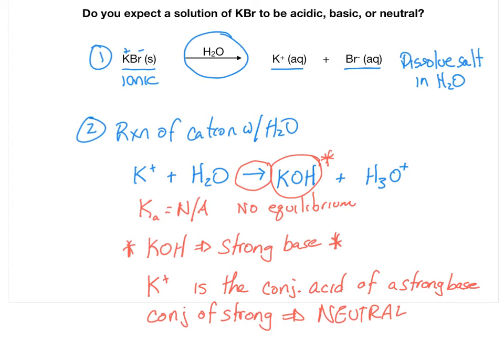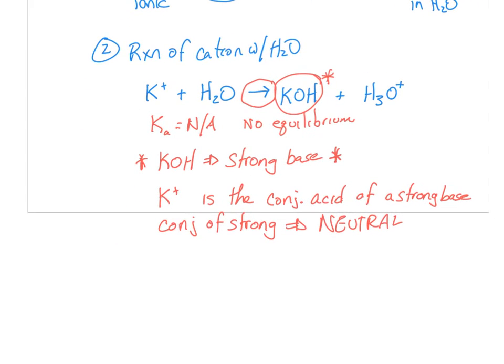And this is because as soon as this KOH forms, it immediately dissociates back into its ions. And so in solution, there is no such thing as KOH in solution. It's really OH minus and K plus, which is exactly the reactants of this reaction.